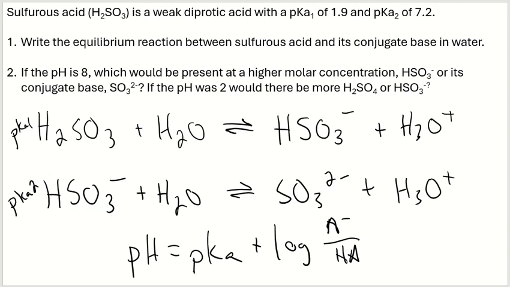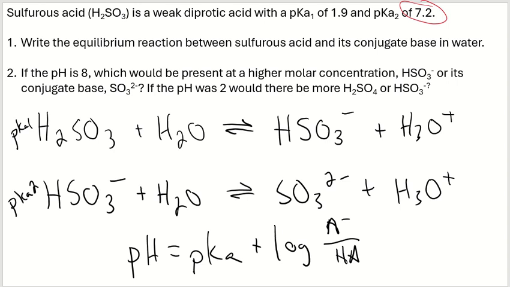So that's how you do these. You essentially look at the pKa value, look at the pH, and decide, is the pH greater than or less than the pKa? So at a pH of 8, it is greater than our pKa, so we will have more of the base side.